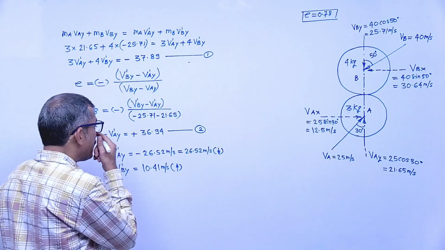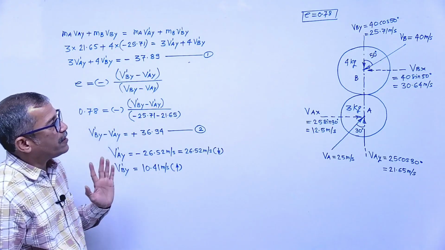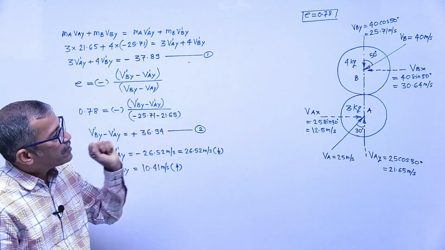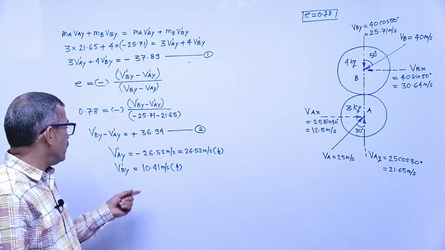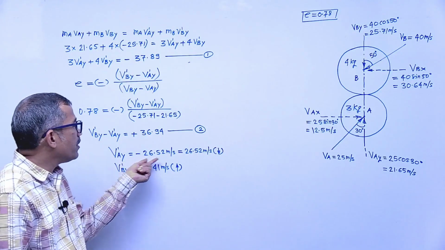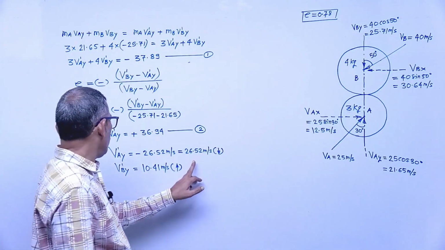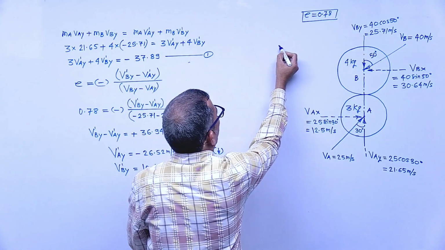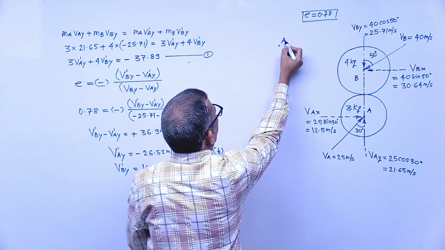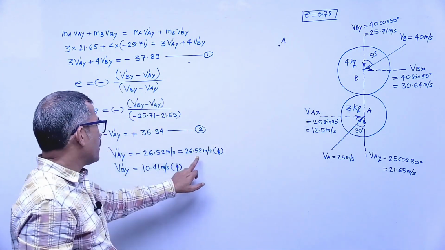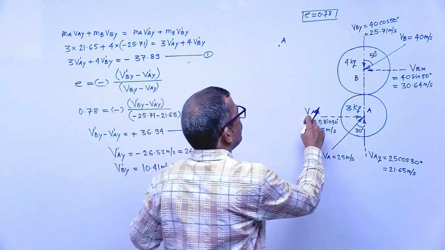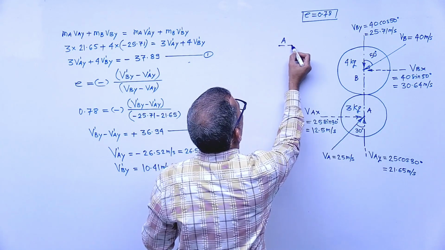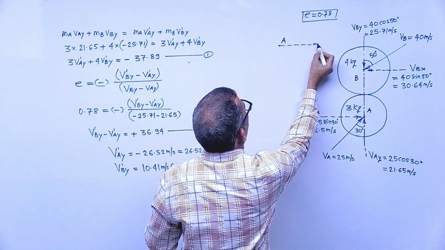Now what you are getting are the components of velocities after impact. I will represent those components here. VA dash y downward, for body A. Vertical component downward, horizontal component remains the same, it doesn't change.